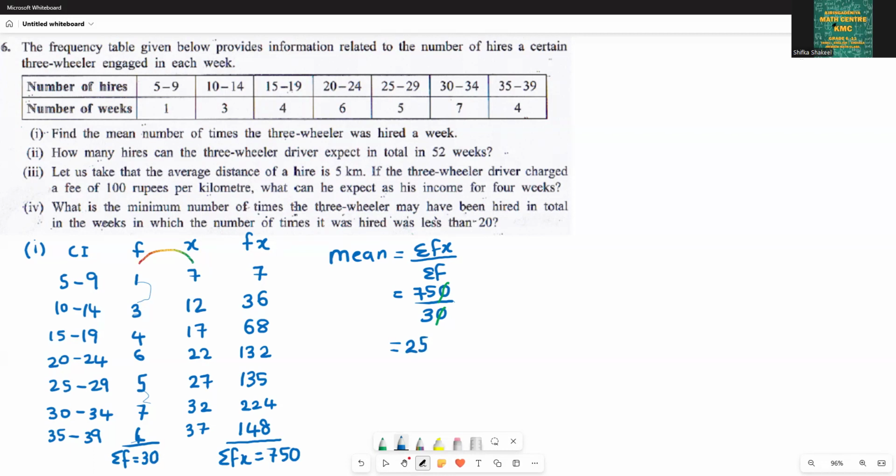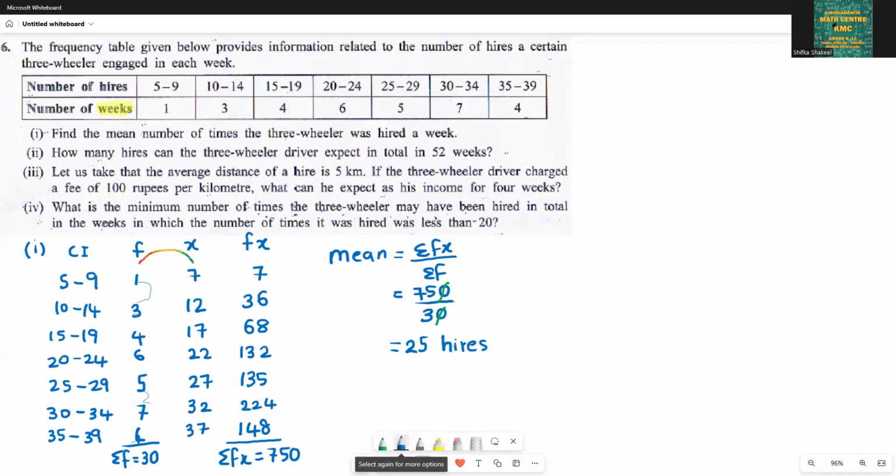To make it easy to do the other questions, we can write this part. After calculating the mean, you can write the heading of the first column: 25 hires, and we can combine it with the second column: per week. The second column is the number of weeks, so we write per week. If it were number of days, we would write per day.